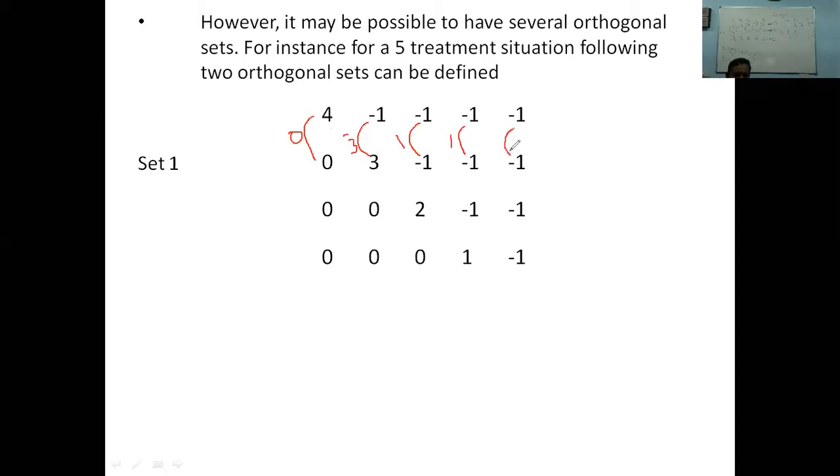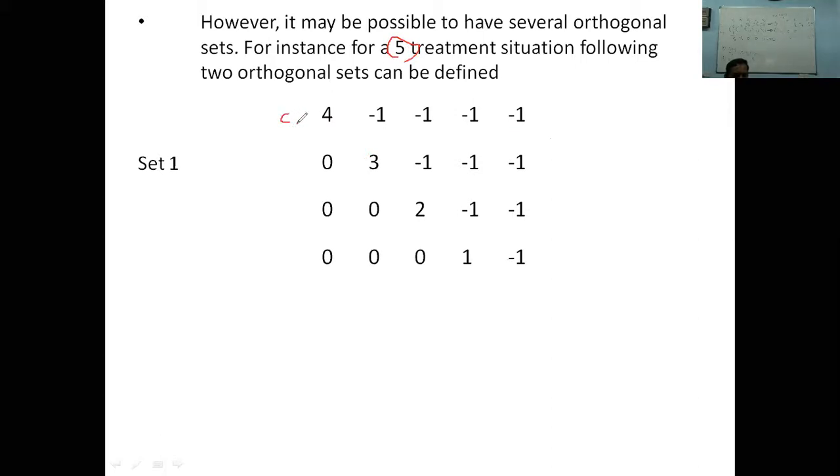Minus 1 times minus 1 is again 1. So add all these values. What is the answer? If you add all these values, it will be equal to 0. Right. You have how many treatments? 5 treatments. You have 4 contrasts. This is the first contrast, this is second, third, and this is fourth.